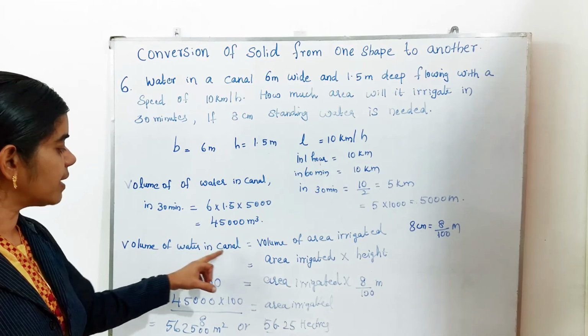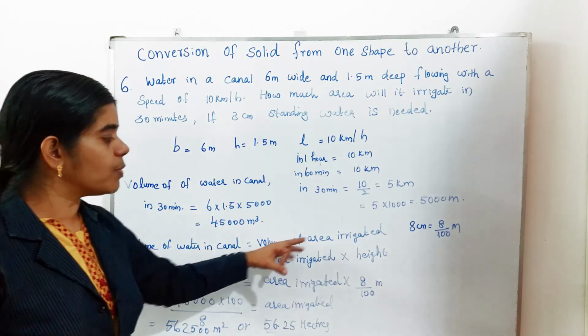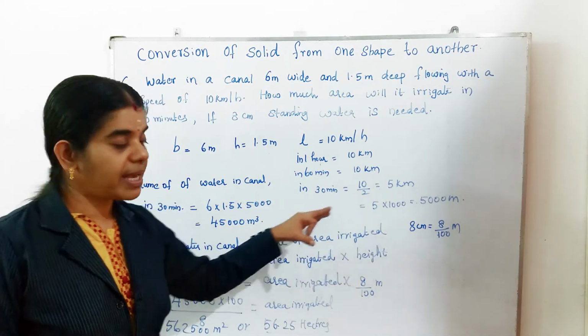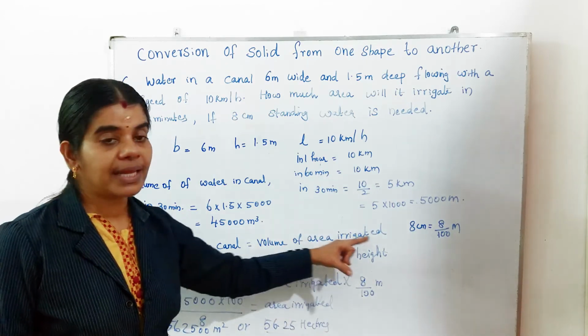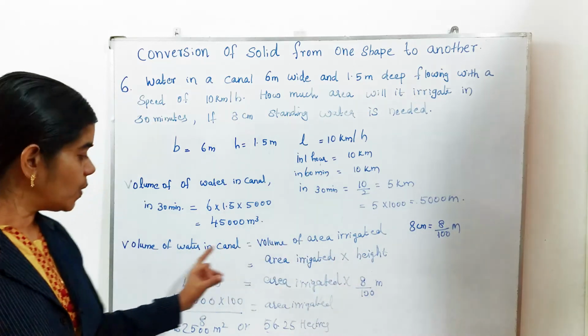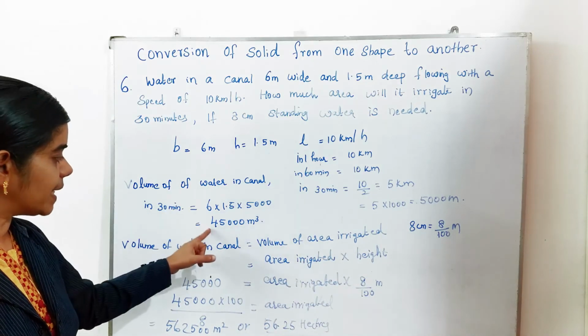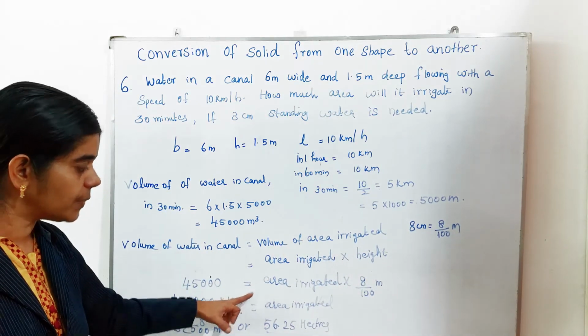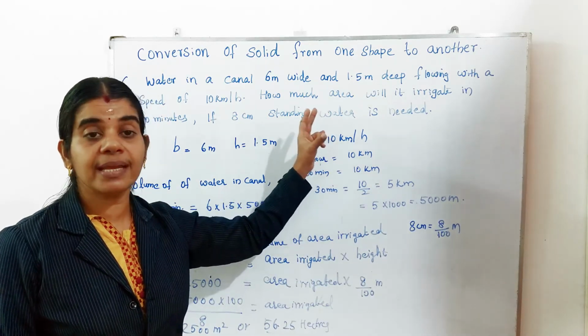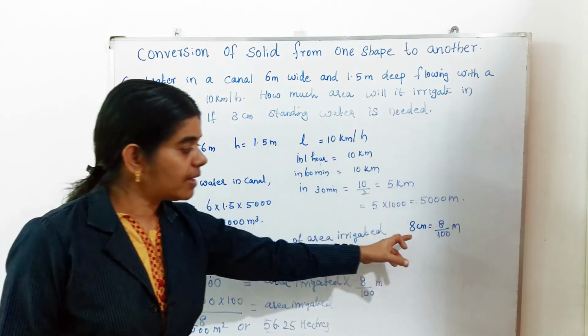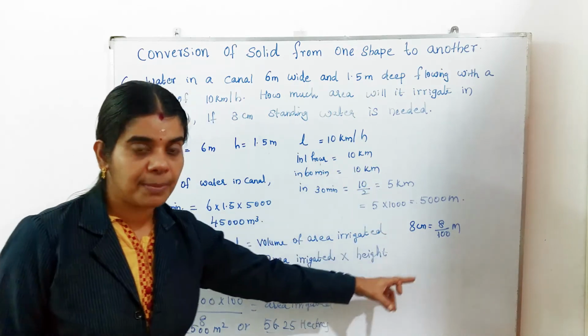So the volume of water in the canal is equal to the volume of area irrigated, and the volume of area irrigated means area irrigated into height. So the volume of water in the canal you already got, 45,000, is equal to area irrigated into height. How much water is needed? 8 cm standing water. 8 cm means 8 by 100 meter.